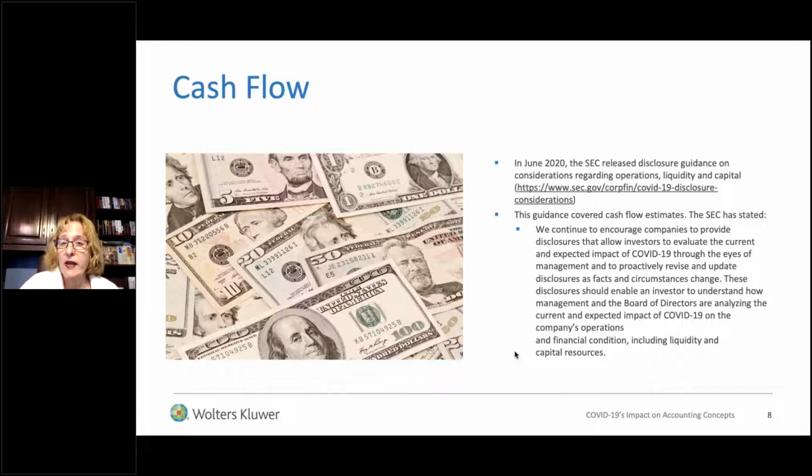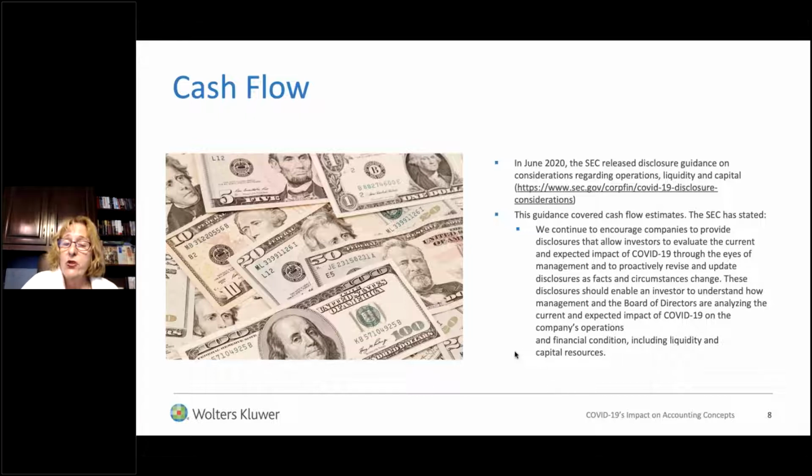They reiterated, as I've talked about before, that they don't expect anybody to have a crystal ball. The disclosures, though, should enable an investor, or if you're not a public company, your stakeholders, to understand how management and your governing body are analyzing the current and expected impact of COVID on the company's operations, its financial condition, and that includes liquidity and capital resources.